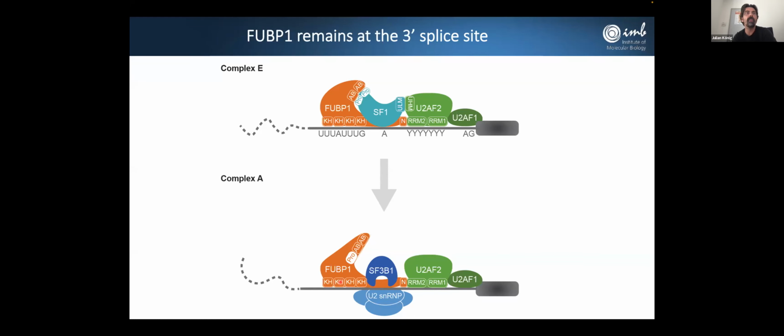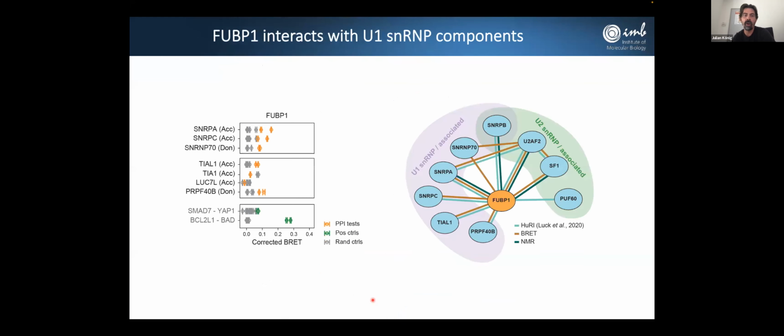One possibility would be that FUBP1 also interacts with components of the U2 snRNP or with components of other snRNPs. What we found by analyzing published data, but also with our own BRET experiments and NMR experiments, is that in addition to these U2 snRNP associated proteins, we see interaction of FUBP1 also with U1 associated proteins.